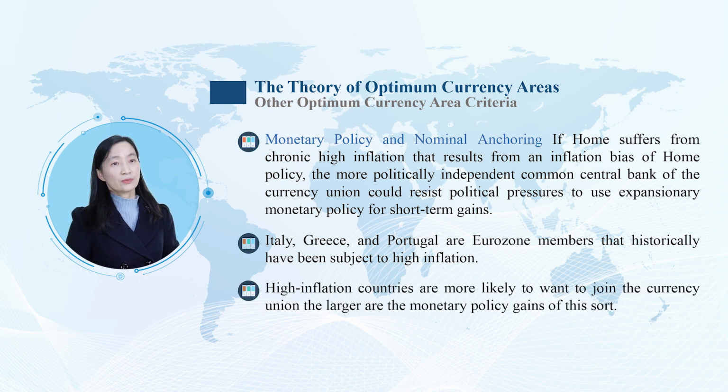For countries with a record of high and variable inflation, the OCA threshold will fall. Given the levels of market integration and symmetry, high inflation countries are more likely to want to join the currency union, and the larger are the monetary policy gains of this sort.